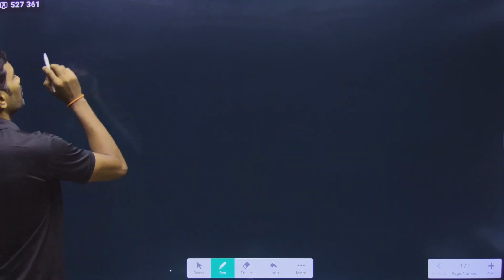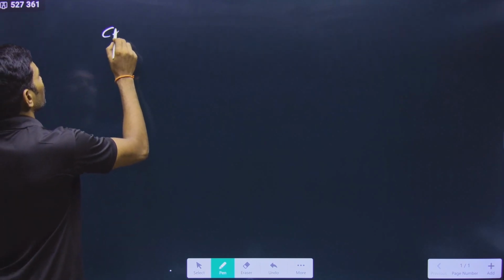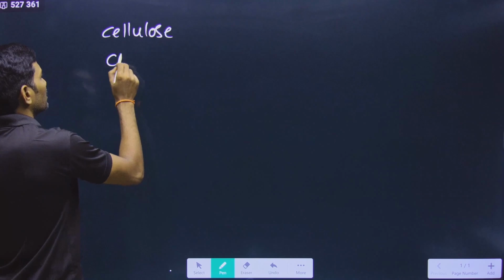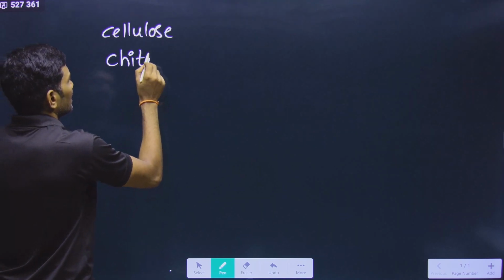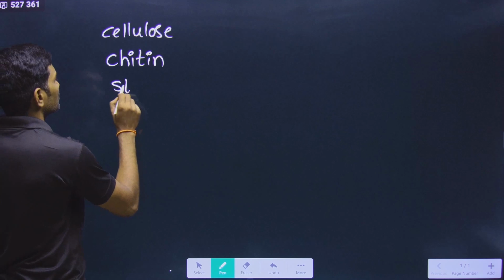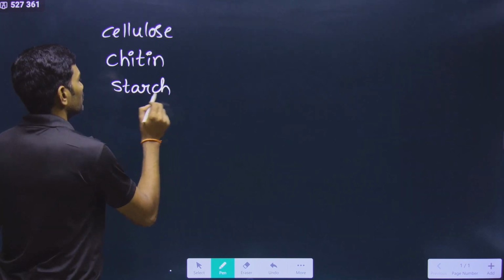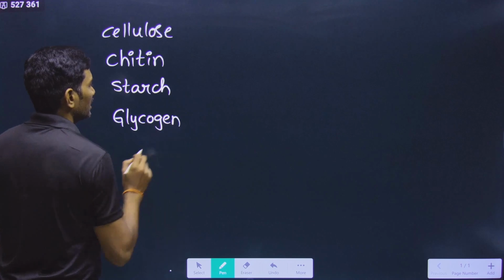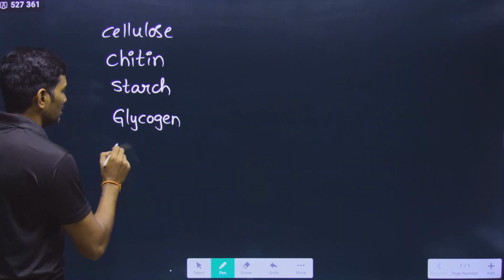Observe carefully. First we are talking about cellulose, and next chitin. Then we are writing about starch, and then glycogen, and then inulin.